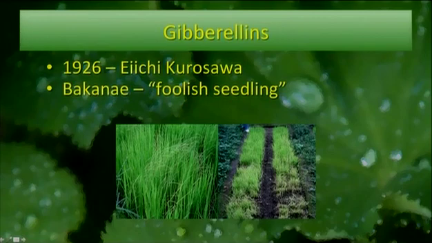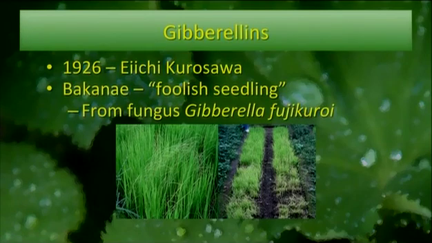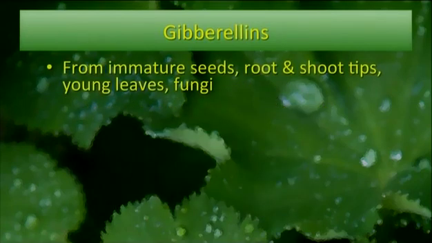He found out that this hormone came from a fungus called Gibberella fujikuroi. And so he named it gibberellin after that particular fungus. So gibberellins come from immature seeds, root tips and shoot tips, young leaves, and also from fungi.